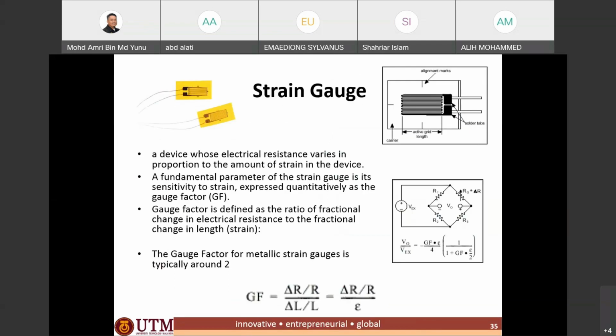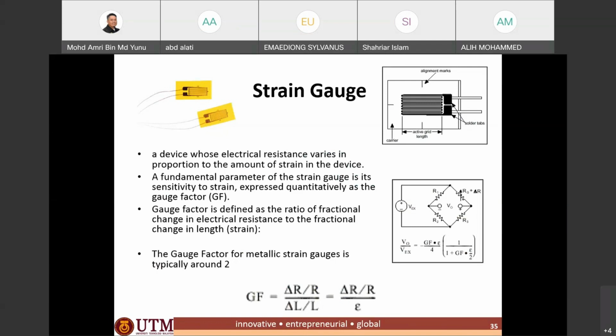And there's another device, the strain gauge, which is also used to detect displacement. Basically, in this device the electrical resistance is proportional to the amount of strain.